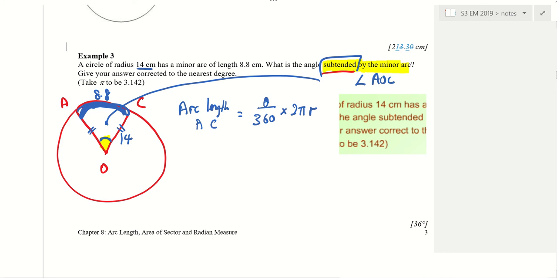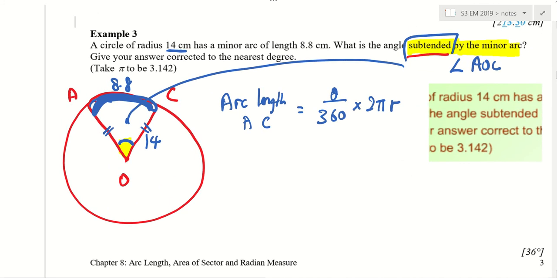Next, fill in all the things you know. Do you know the arc length? 8.8. Do you know the radius? 14. Then you work out the number. How do I work out the number? The pi is 3.142, right?